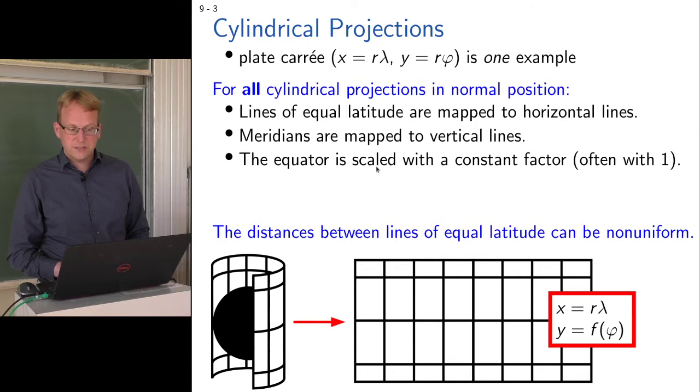So the equator is scaled then with factor 1. So these three properties, that's the conclusion, can also be inferred from these two equations here.